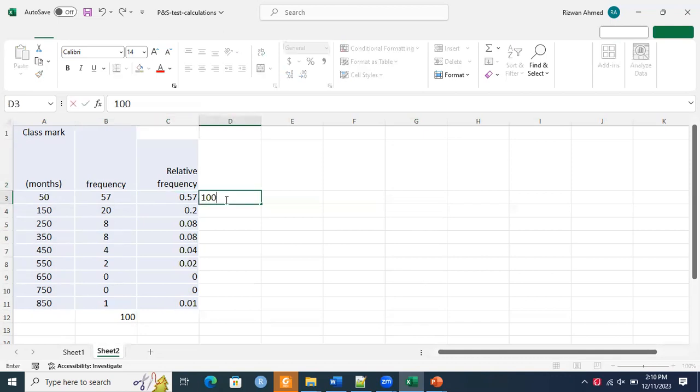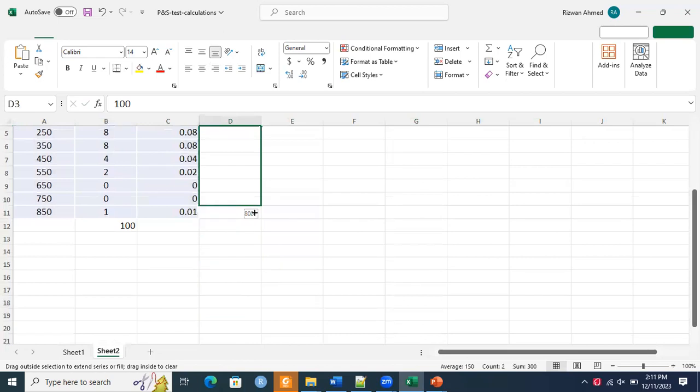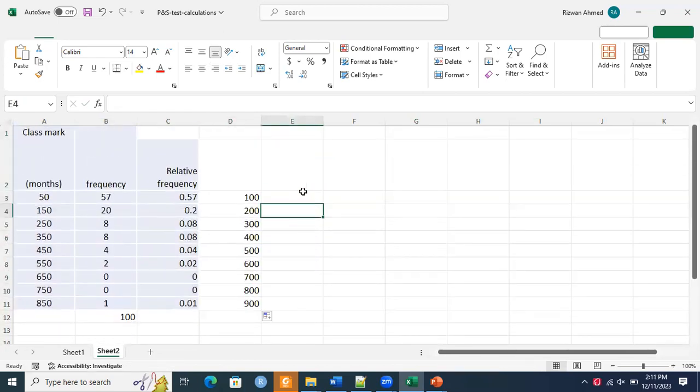For the first one it is 100, for the second one it is 200. If I plot this one, the upper limit of the interval, these are the upper limits.